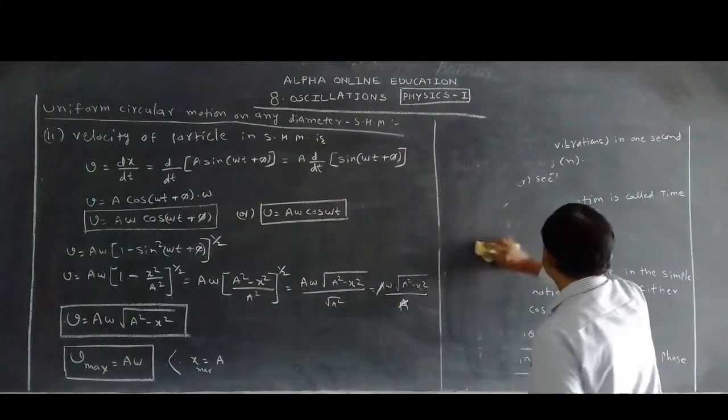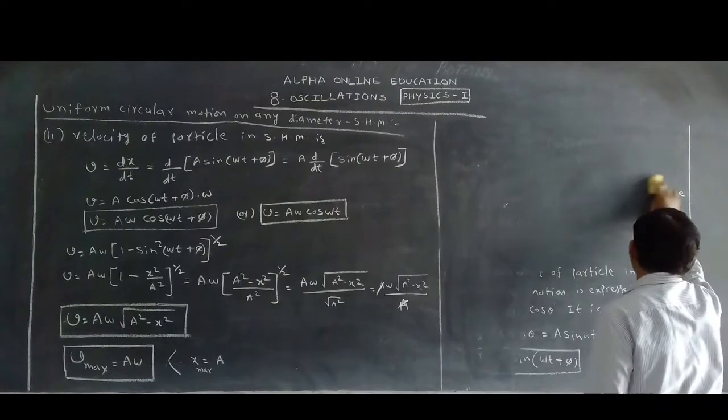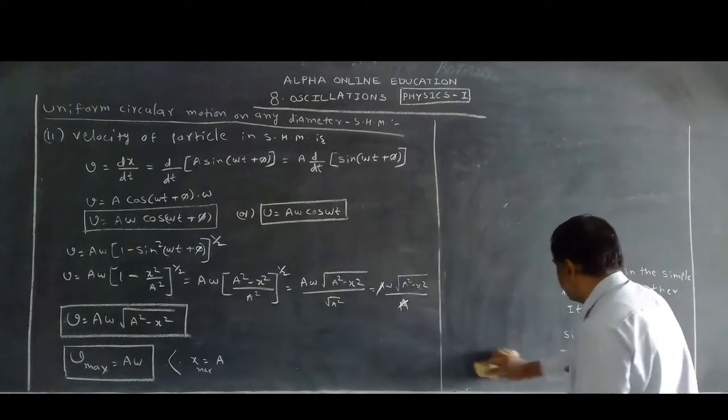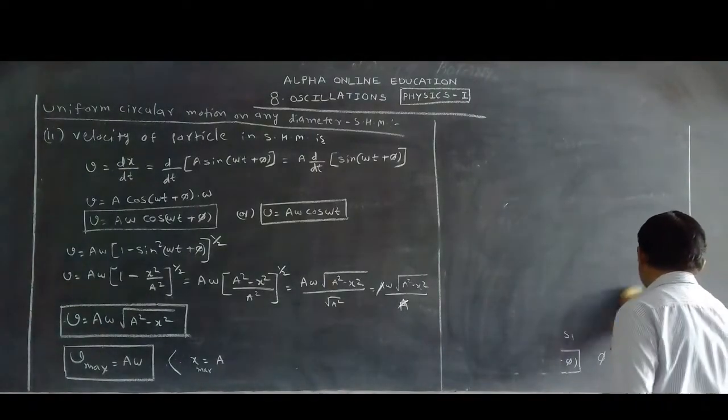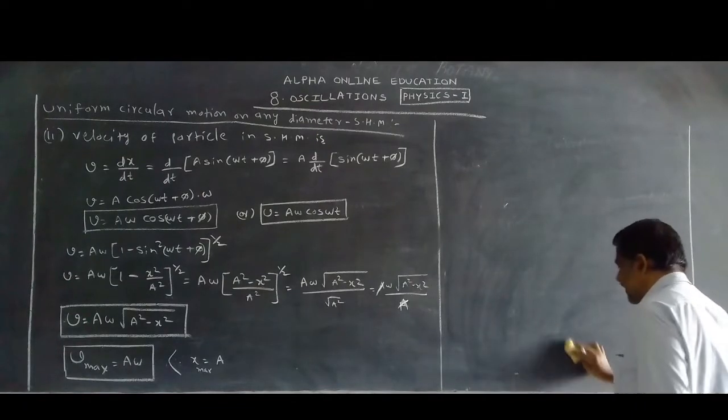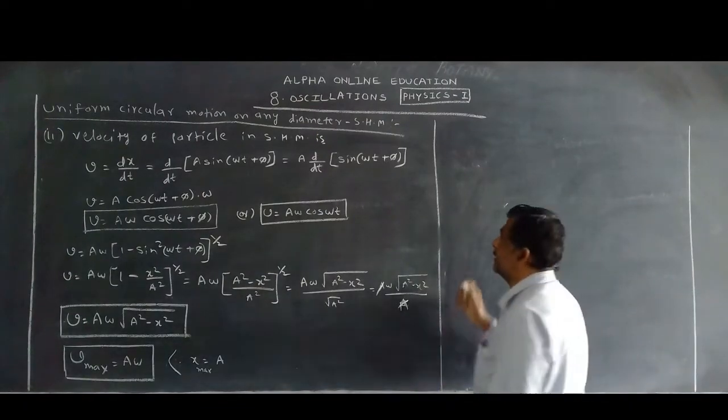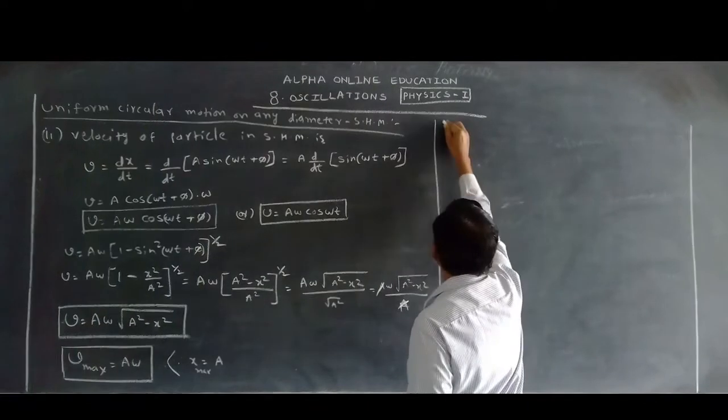Okay, this is the equation for the velocity of the particle in SHM. Now, the third one, and it is important. And what is that one? Third one.